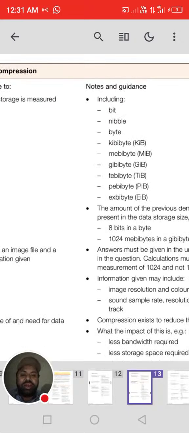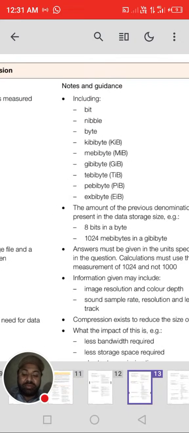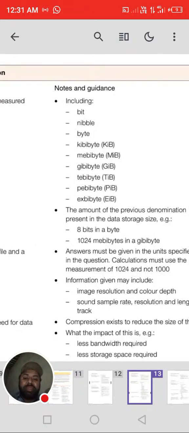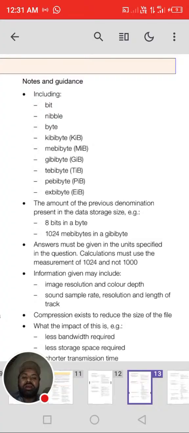A bit is a single binary digit, and 8 bits make 1 byte, then a nibble, kilobyte 2 to the power 10, megabyte 2 to the power 20, gigabyte 2 to the power 30, terabyte, petabyte, and exabyte. The amounts of the previous denominations are represented in the data storage size: 8 bits in a byte, 1024 megabytes in a gigabyte.